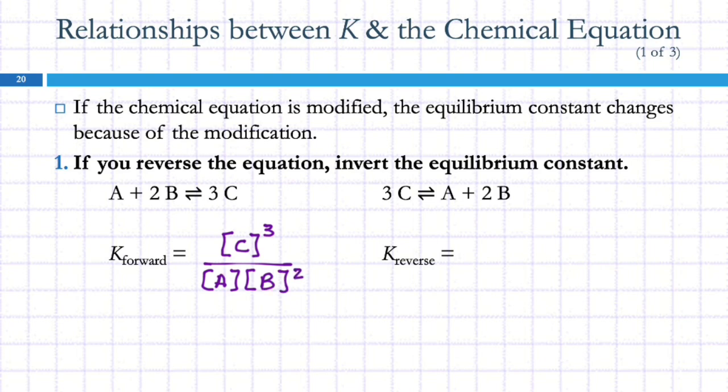When we look at the reverse reaction, we have A times B squared divided by C cubed. So we turn it upside down and we get the reverse. That's the same as raising to the -1 power. It's doing the reciprocal. So reverse the equation, invert the equilibrium constant.